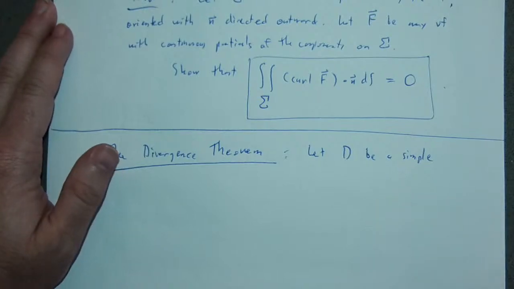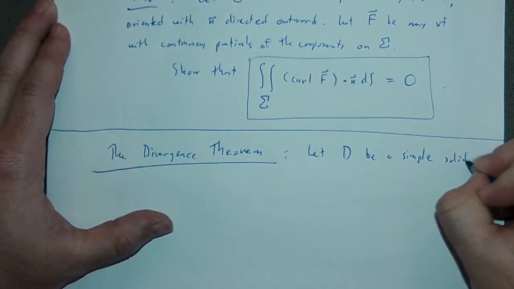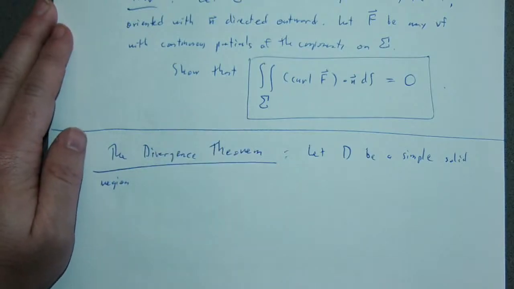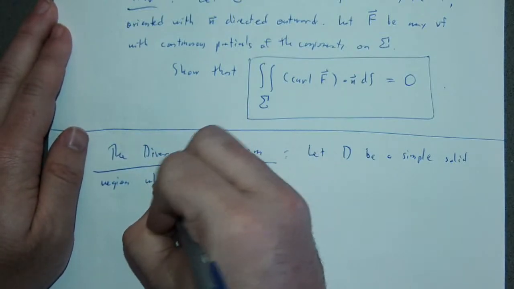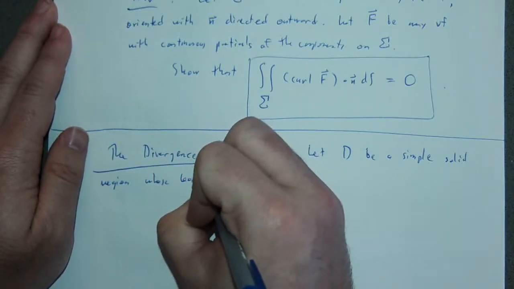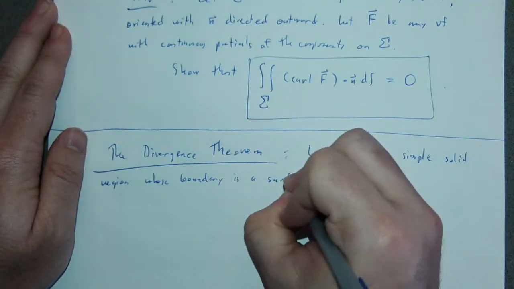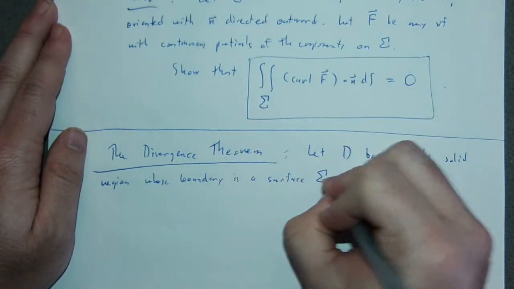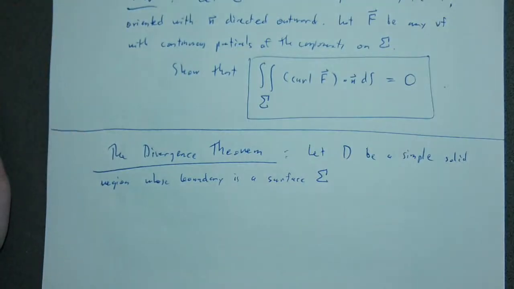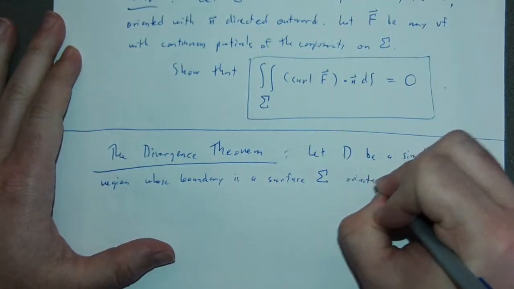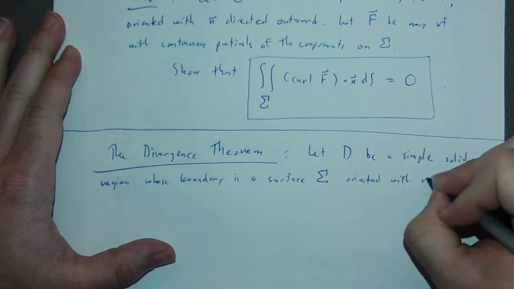So let D be a simple solid region in space whose boundary is a surface sigma, oriented with normal directed outward.